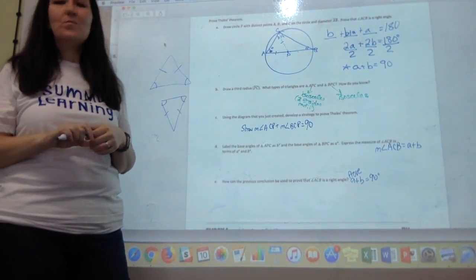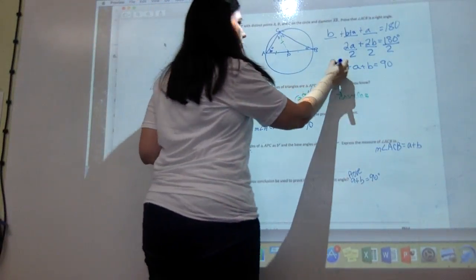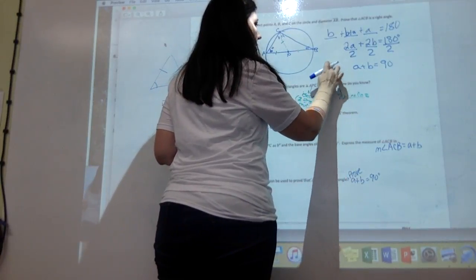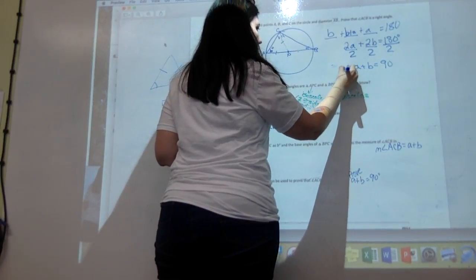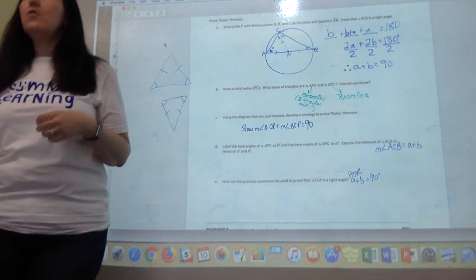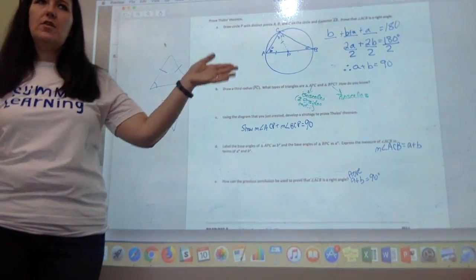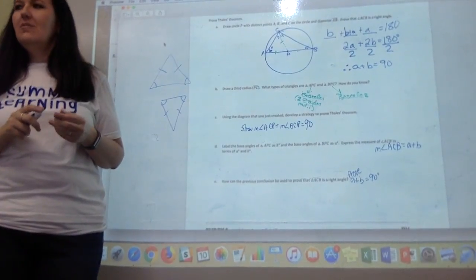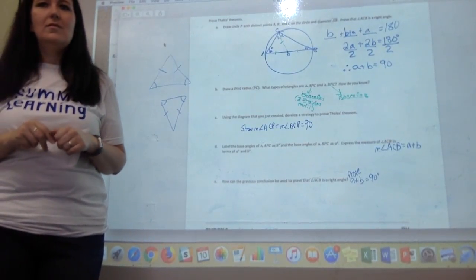So we can put these three dots. You know what the three dots mean? Therefore. That's what they're there for. I've never seen it before.